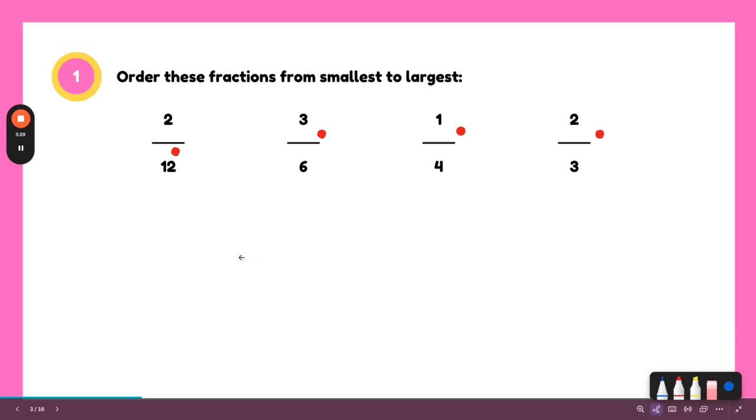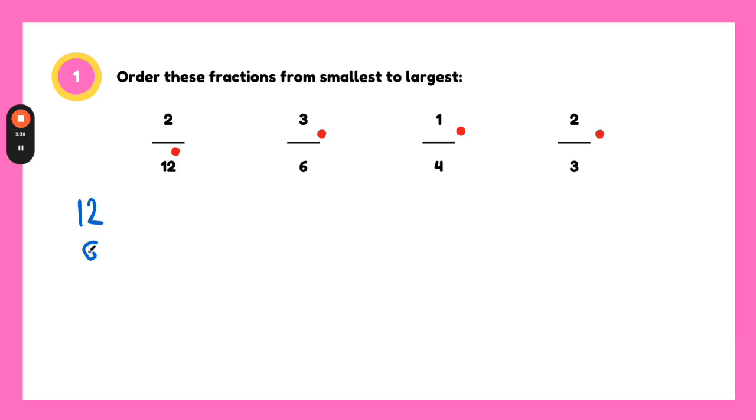So let's look at all these fractions' denominators: 12, 6, 4, and 3, and we want to find the lowest common multiple.